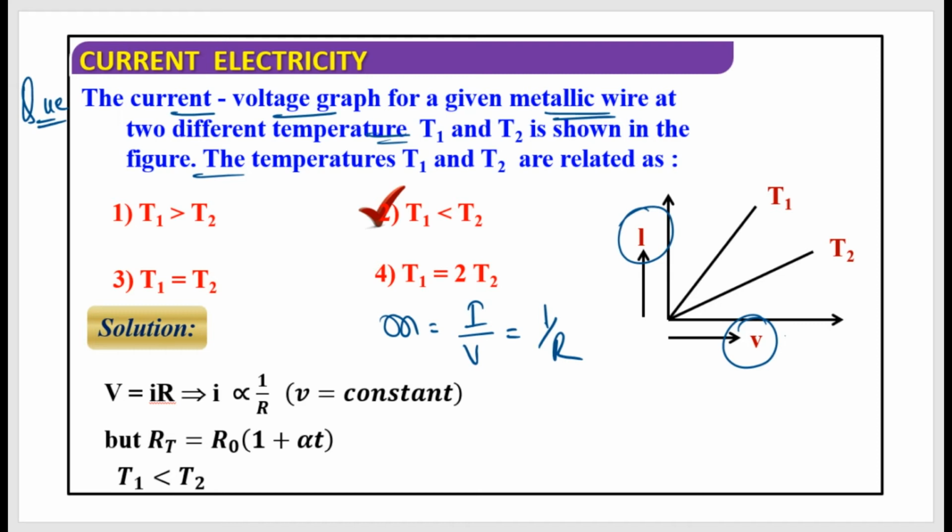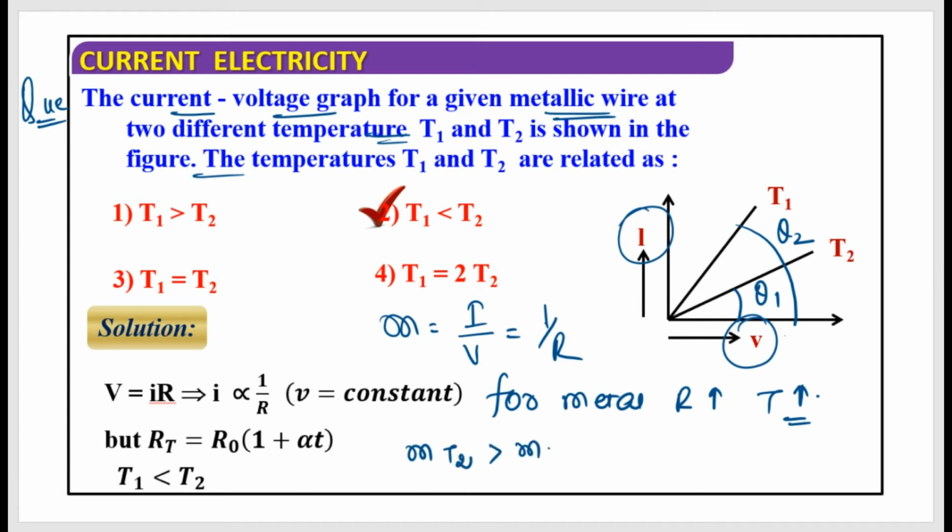Is it clear? Great. Next thing is, for metal, resistance increases if temperature increases. So if this is theta 1 and this is theta 2, then the slope of the T2 temperature wire is greater than the slope of the T1 temperature wire, and as its slope is higher, its resistance will be lower.